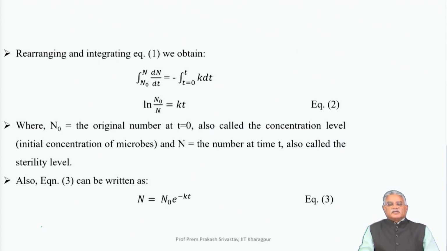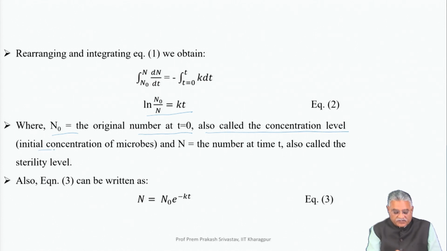Rearranging and integrating equation 1, we can get, integrating within limit N0 to N, dN by N is equal to minus integral 0 to t k dt, then it comes ln, that is natural log N0 by N, equal to kt, where N0 is the original number at t equal to 0, also called the initial concentration of microorganisms, and N is the number at time t, also called the sterility level.